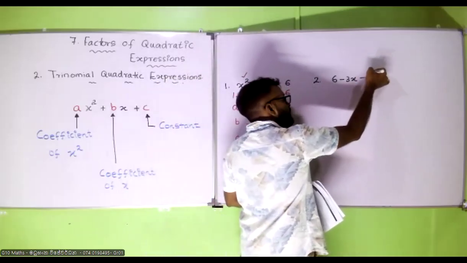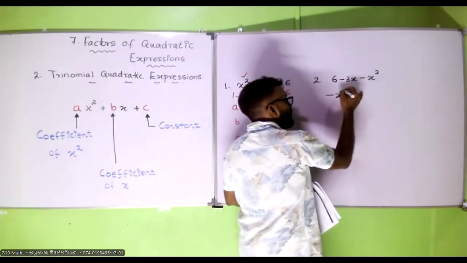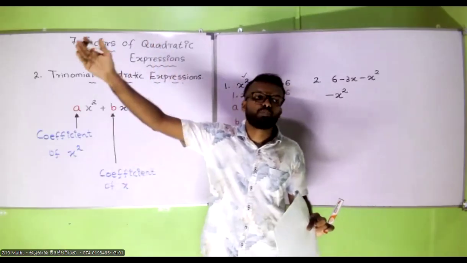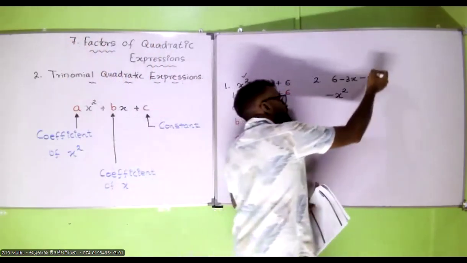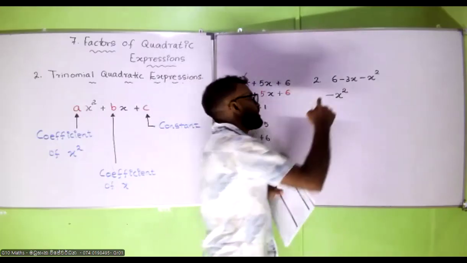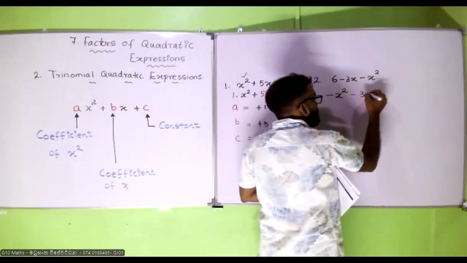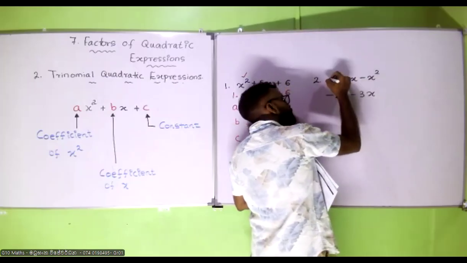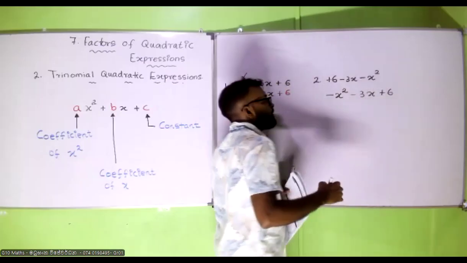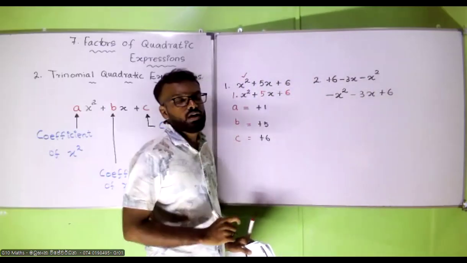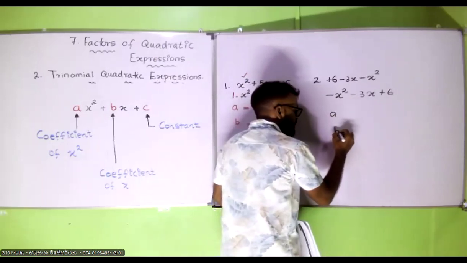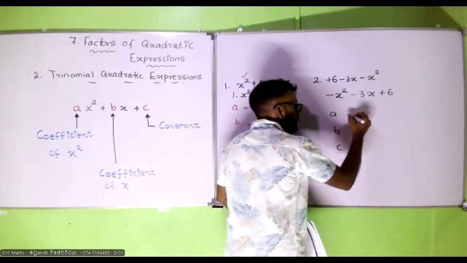This minus x squared term should come to the first place if we are arranging it in this form, ax squared plus bx plus c. Then keep this minus 3x in the middle. This is positive 6, so take it to the end. Now you can find out what is your A, what is your B, and what is your C.